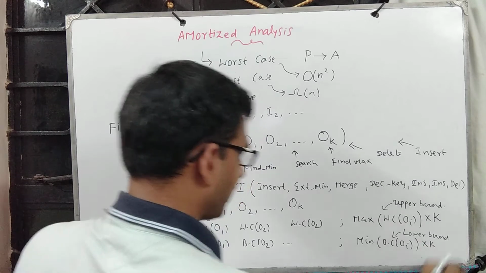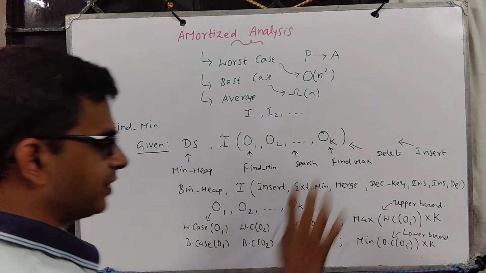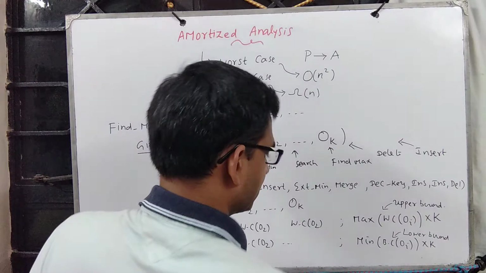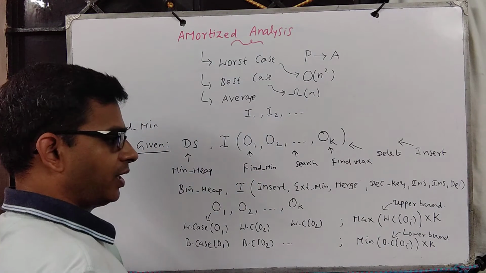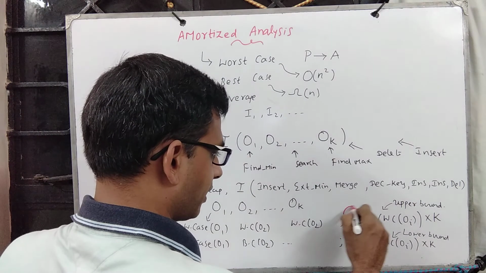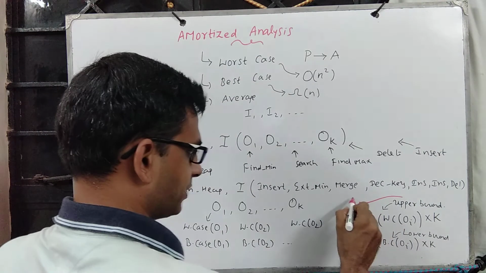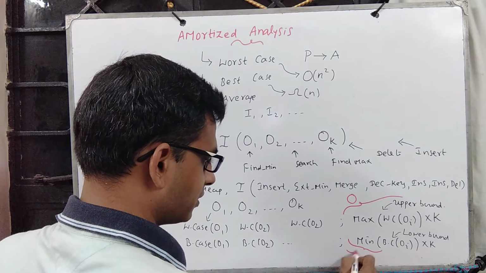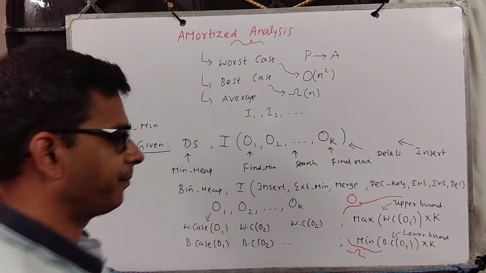So something like, for this input sequence I need at least this much cost, and for this input sequence I need at most this much cost. So something like this is big O, and this is giving me omega.